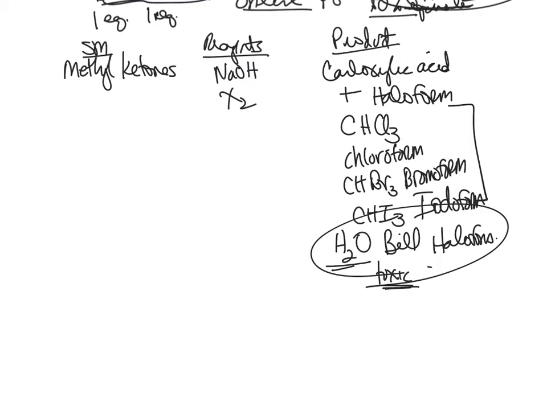What's happening is when you have organic matter that has a methyl ketone, so here's a ketone and here's a methyl, so I'll just write CH3, okay? So that's a methyl ketone.